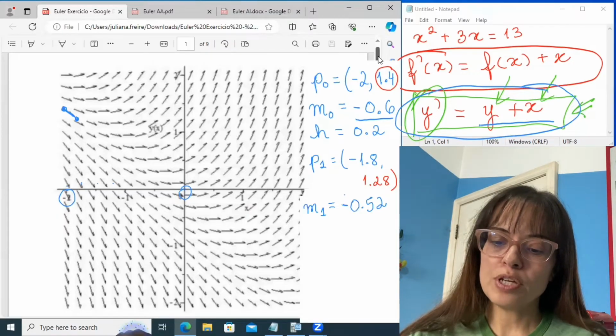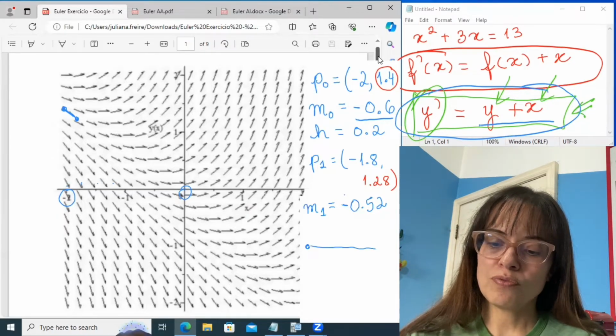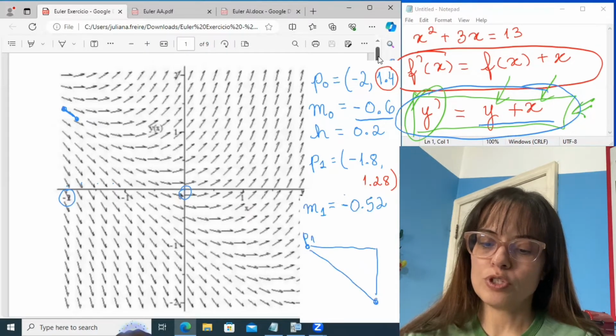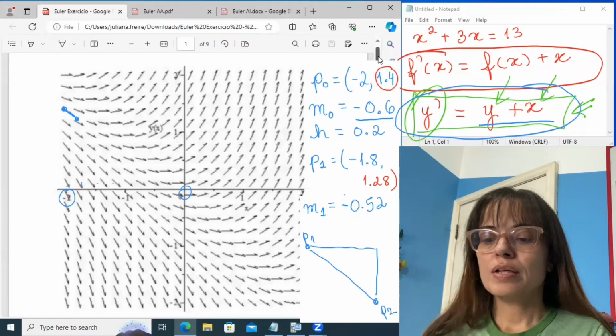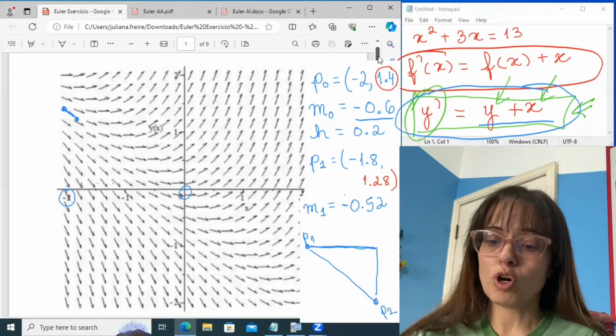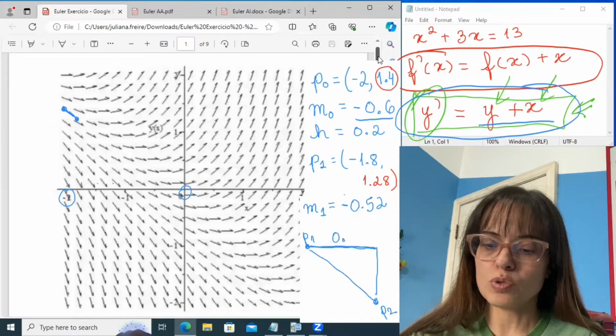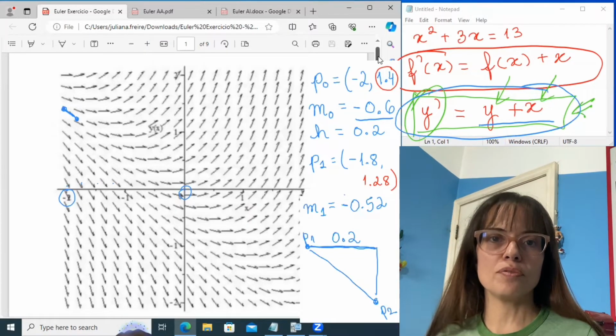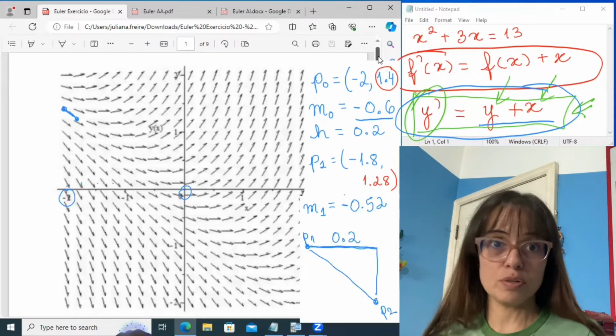So now we use that to find the coordinates of the next point, which is the point P2. The horizontal leg here is never going to change throughout the whole problem, so this one is also 0.2 because the horizontal lengths of the line segments are all going to be the same.